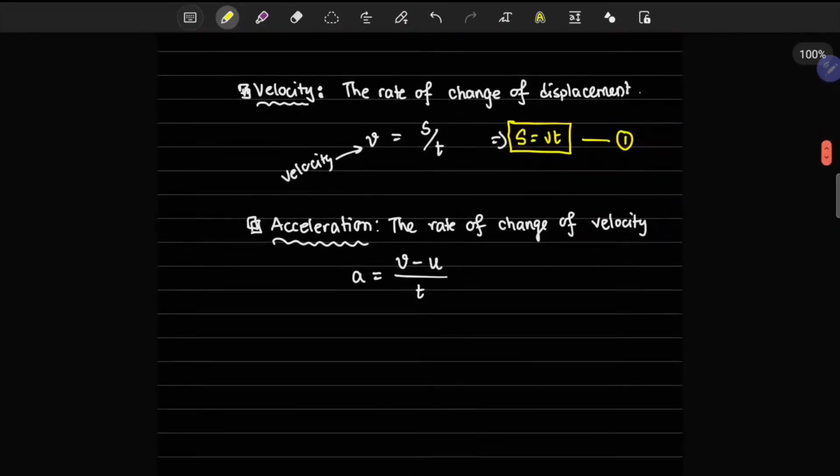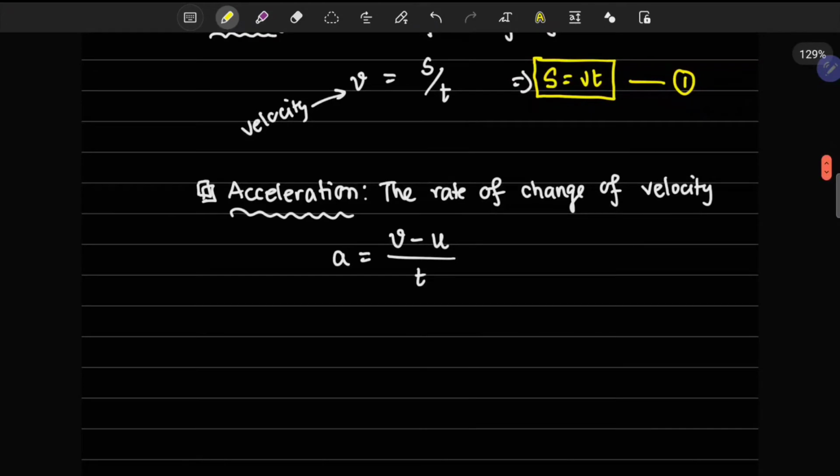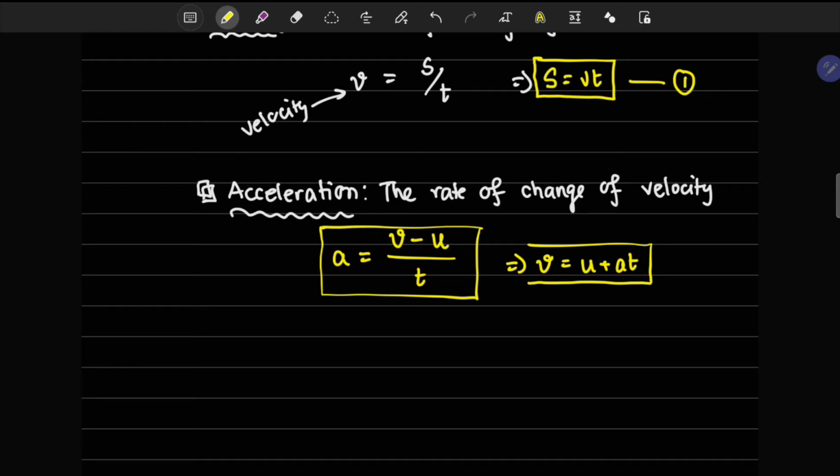So by definition, this is our required second equation of motion. And if we would like to make some modifications to it, this will stand as V equals U plus AT. We can check that out by just doing some simple algebra.